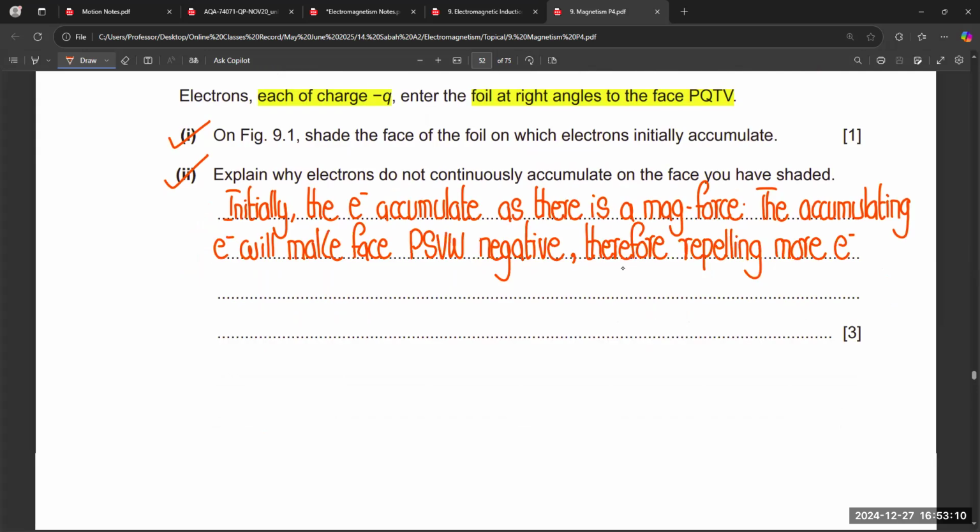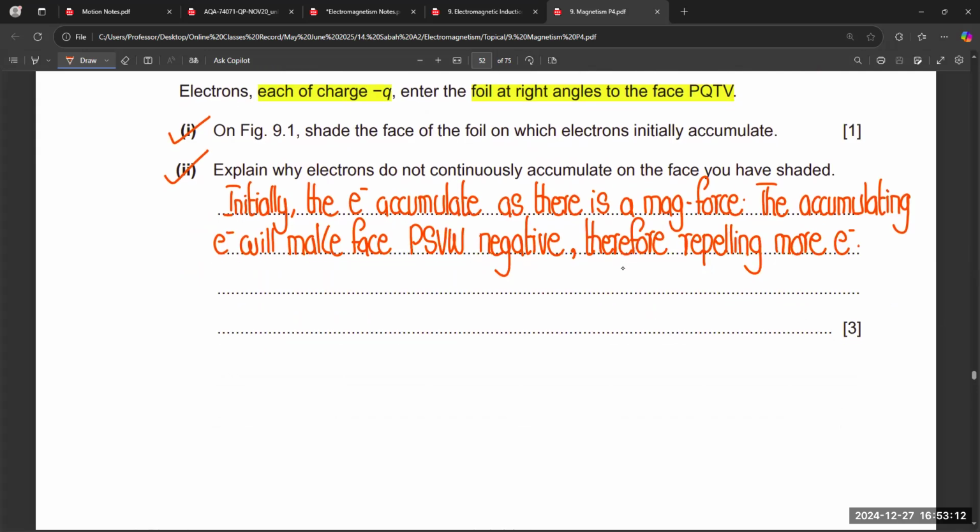And at some point electrons start to move in a straight line and it would stop, right? When the electric force is near the same magnitude as the magnetic force.